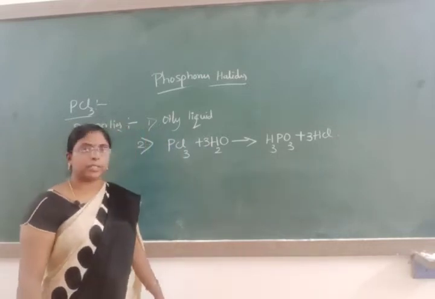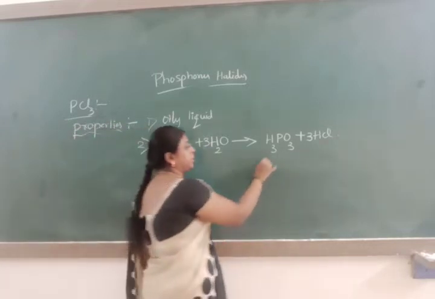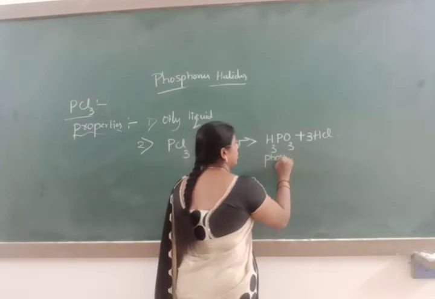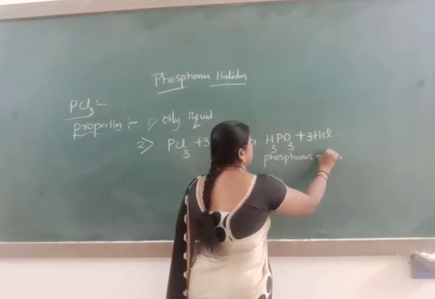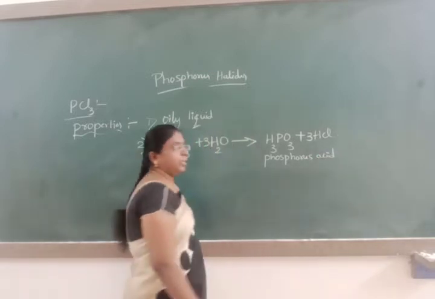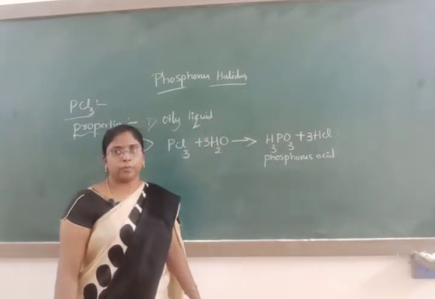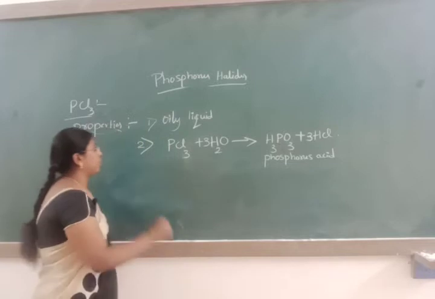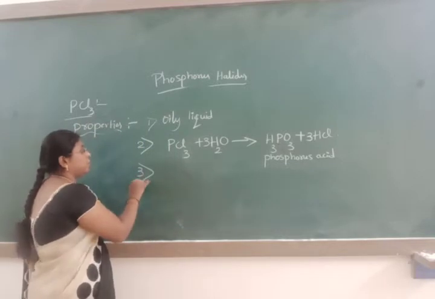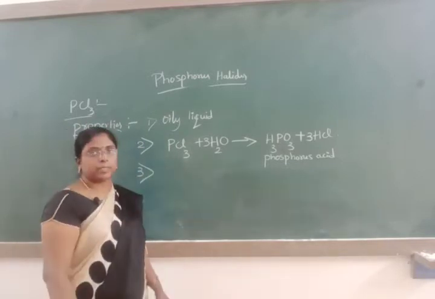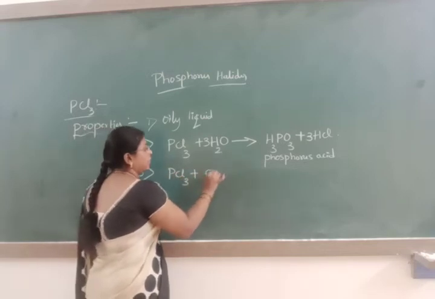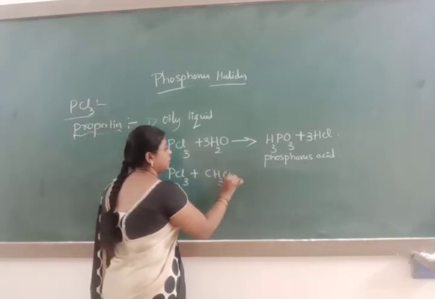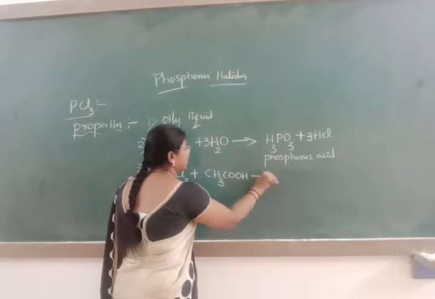What is this H3PO3? H3PO3 is nothing but phosphorus acid. It is also known as phosphonic acid. PCl3 reacts with acetic acid. The formula for acetic acid is CH3COOH.